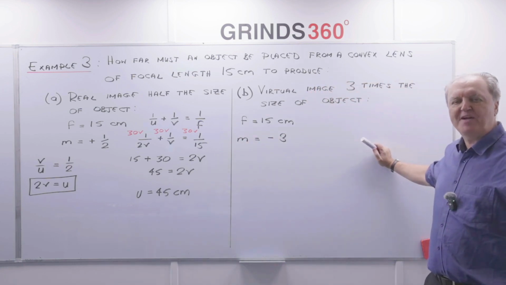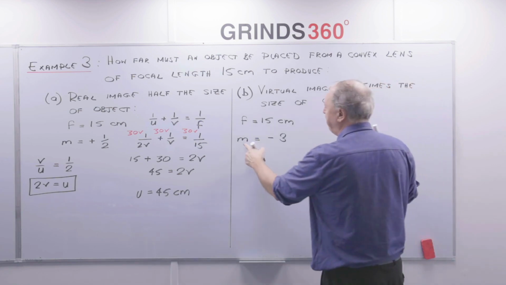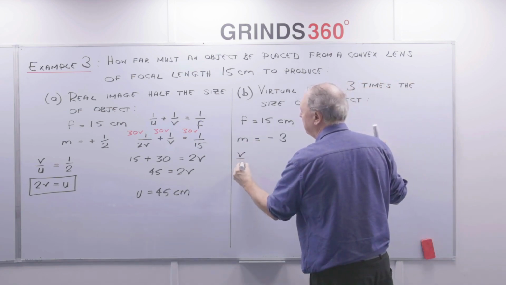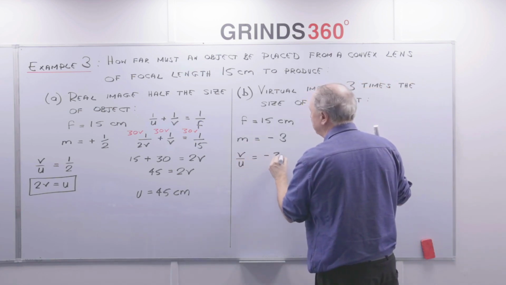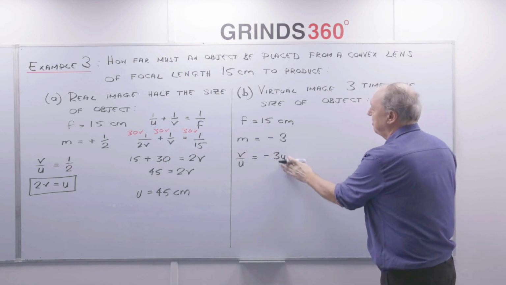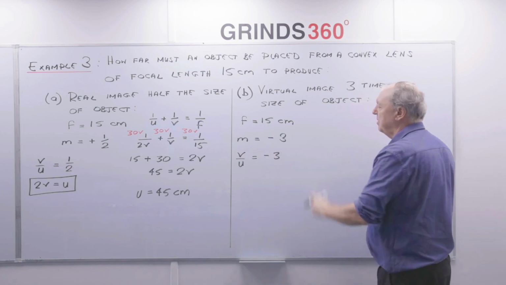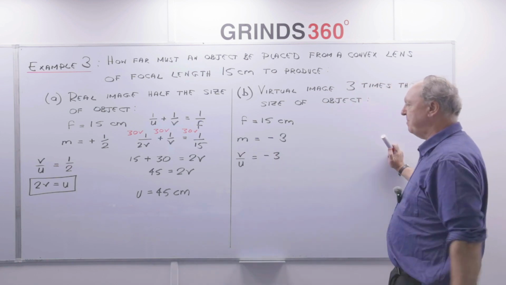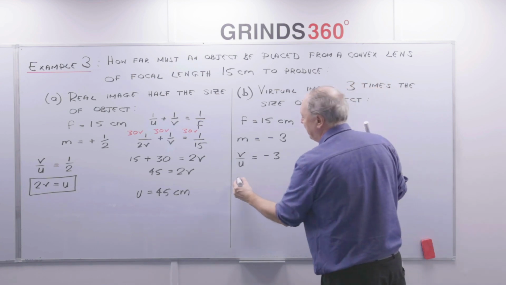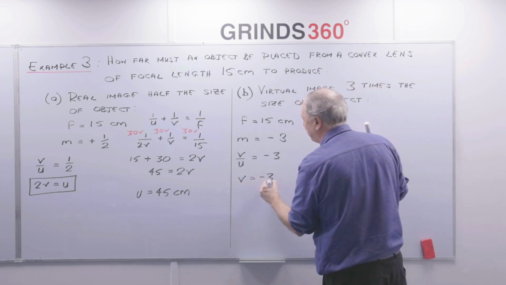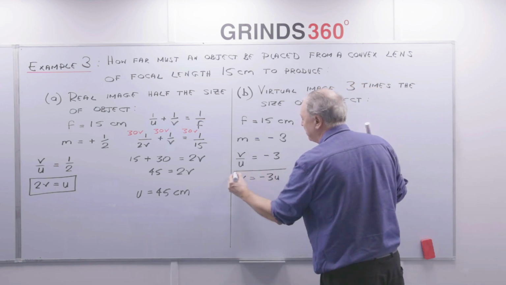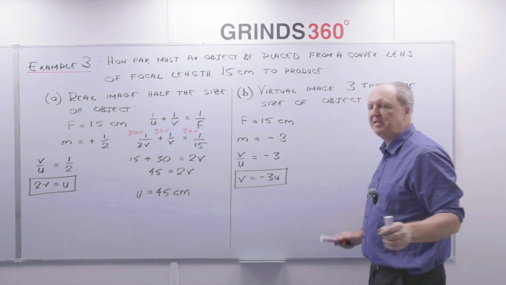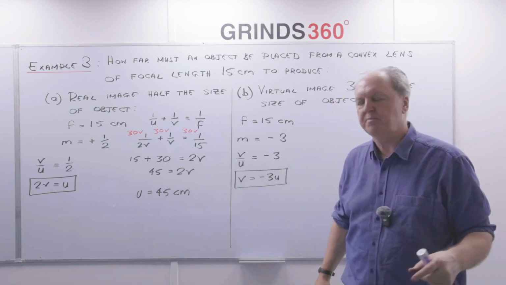Start off with the formula for M. Replace M by V over U. V over U is minus 3. Slide the U up to the minus 3, and I end up getting V is equal to minus 3 times U. Put a box around that. That gives me the relationship between V and U.